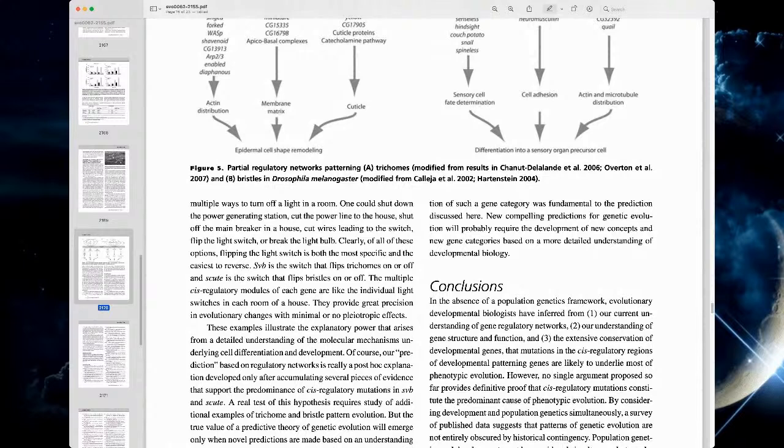But I think overall, if you're trying to figure out whether it was a mutation to a gene or a mutation to a cis-regulatory network, I don't see how from studies on yeast you could decide that for studies on higher vertebrates, or even what happened during the Cambrian explosion. But if there is a lot of pleiotropy, and that's what they're saying, then those genes are going to be more highly conserved.